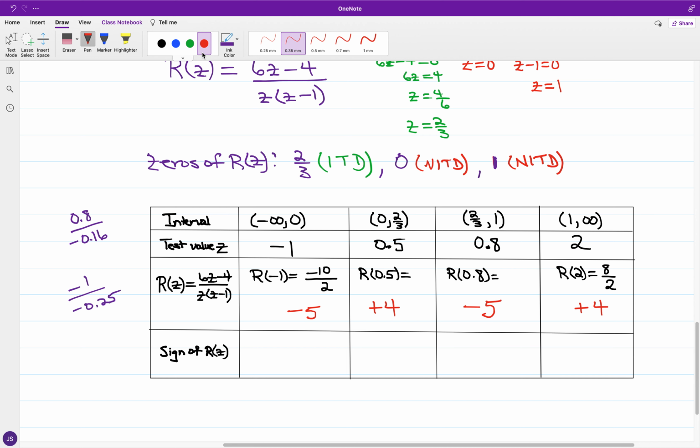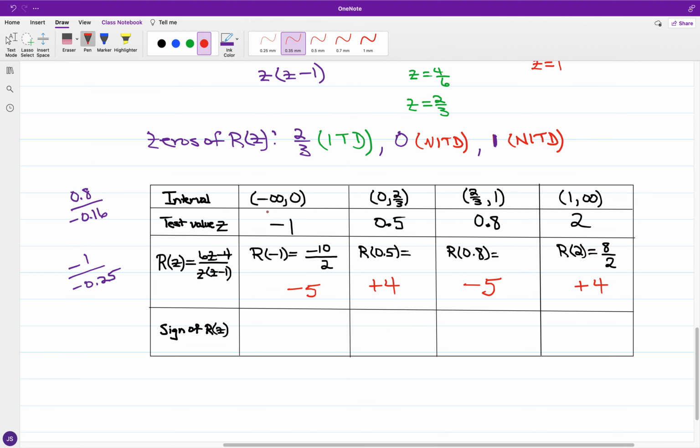All right. And for the sign of r of z, anything that is negative selected for the input, the output is going to be negative. So we have r of z is less than 0. Anything between 0 and 2/3, the output is going to be positive, so r of z is positive. Anything greater than 2/3 and less than 1 for the input, the output is going to be negative, so r of z is less than 0.